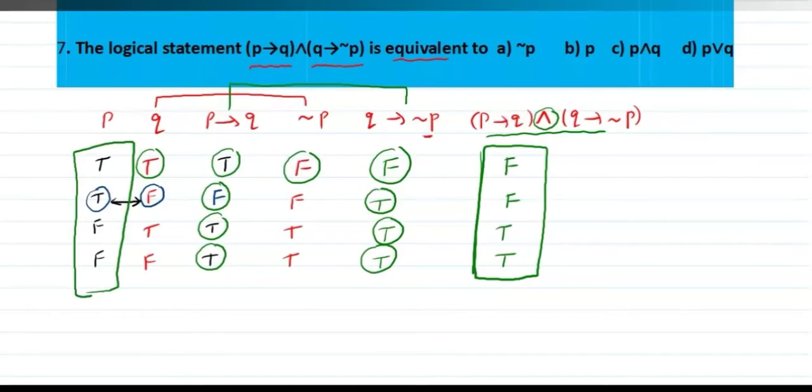So this entire value is equal to negation of P. For P we have first truth value true, second true, third false, fourth false. In the answer it is completely the opposite of P, so that is nothing but negation P. So option 1 is the right option for this question.